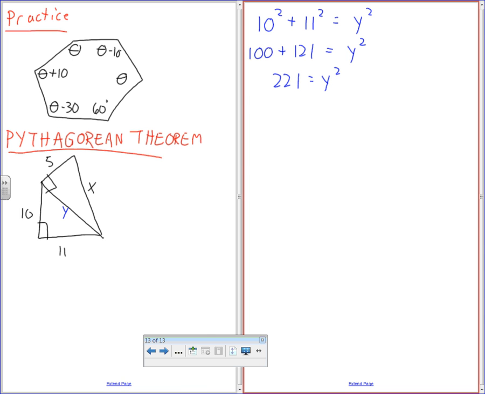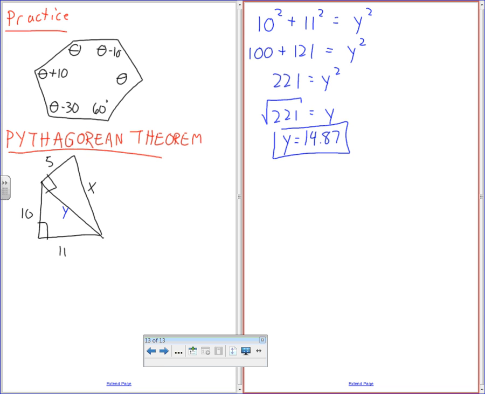Aiden, can you use your calculator, please? It is 14.87. And I'm assuming there's lots more decimals in there. Now let me show you a little trick that we're going to use in a second. You can really leave it like this.